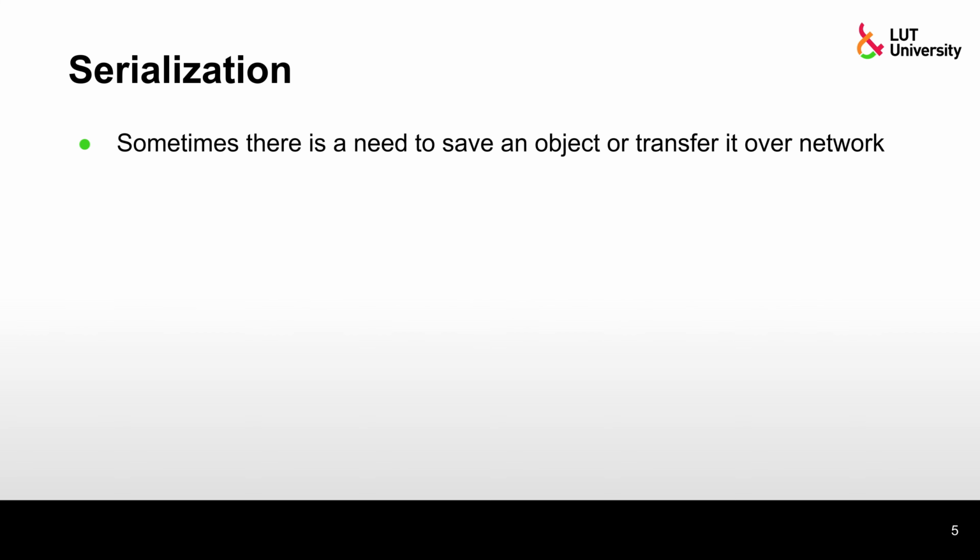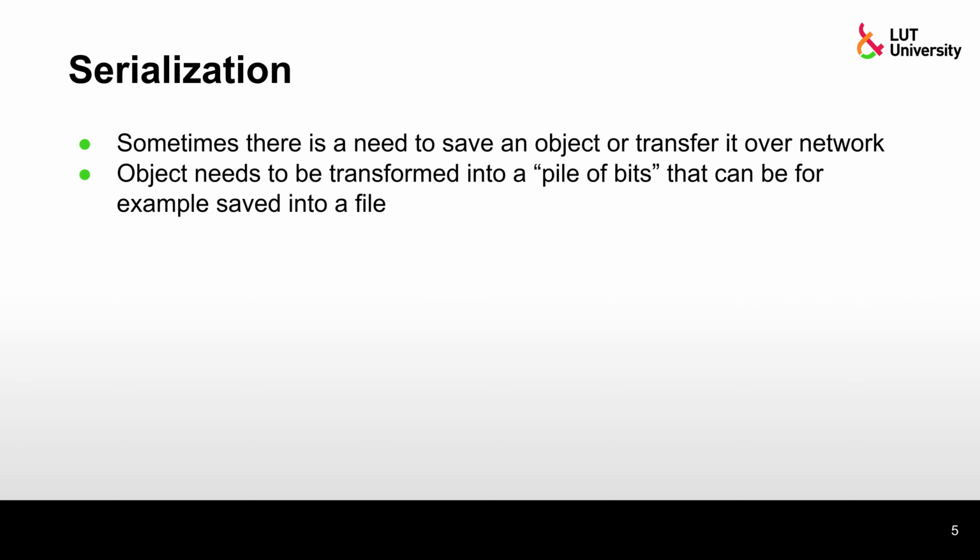When we are talking about reading and writing files, we soon notice that we also want to read and write objects, or we need to transfer them over a network. So what would be the best way to save, let's say, a rocket or space station to a file? An object, basically, is just a pile of bits.